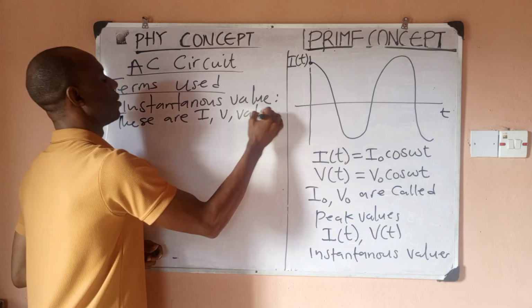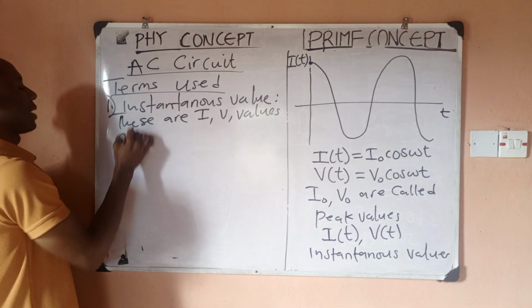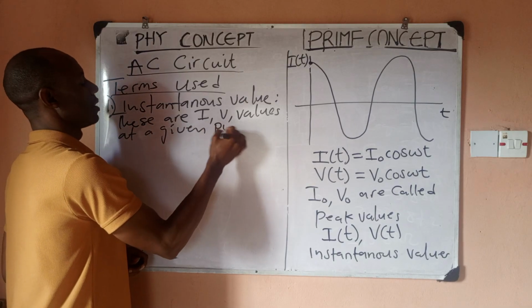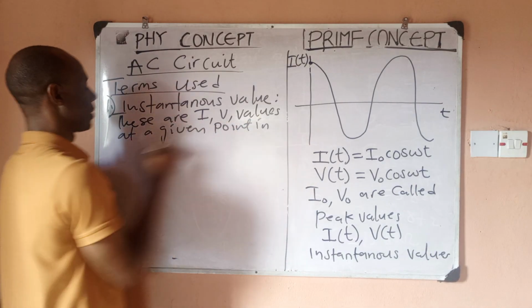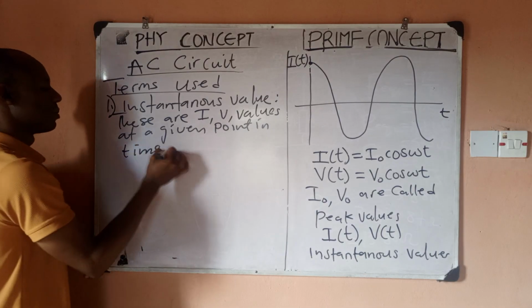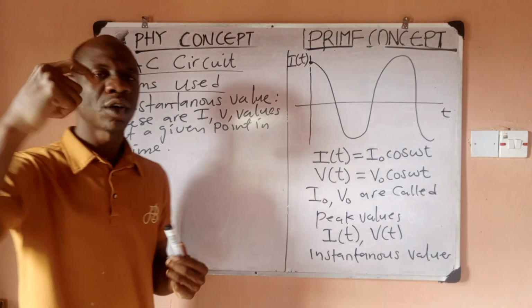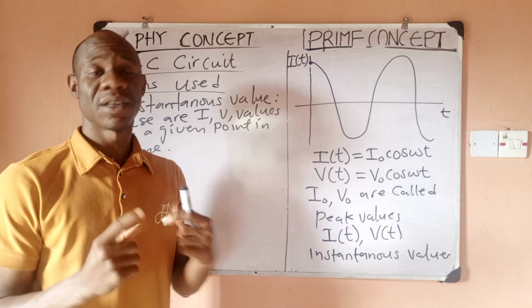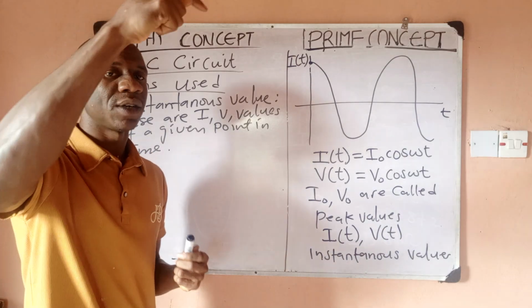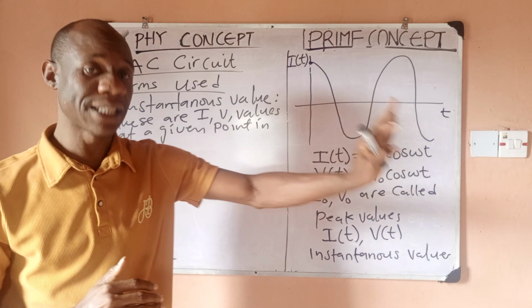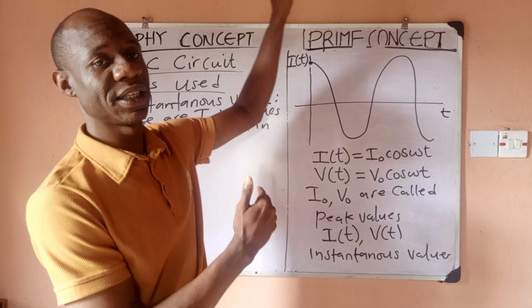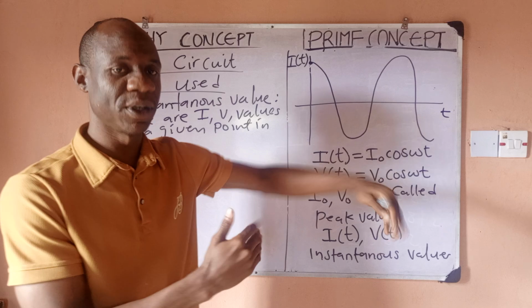What does it mean? Say you want to tell what the current will be at 2 seconds. That is the instantaneous value of current. Because the current changes with time, right? So at 1 second the current is increasing, at 2 it keeps increasing, at 3 then it starts dropping.